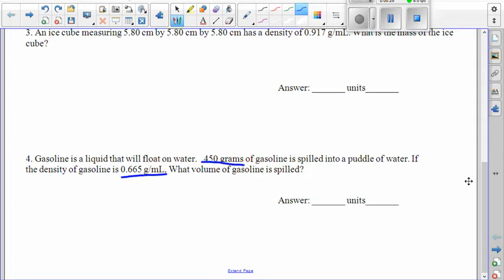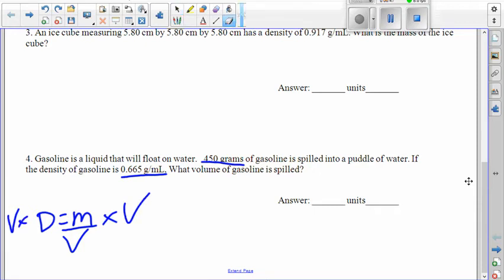And if I remember, density equals mass over volume. So I want to get volume by itself. What can I do to both sides to get volume closer to being by itself? Multiply by V. Yep, multiply both sides by volume. So the volumes cancel out over here, and now I at least have volume in the numerator. What can I do to both sides now to get volume by itself?